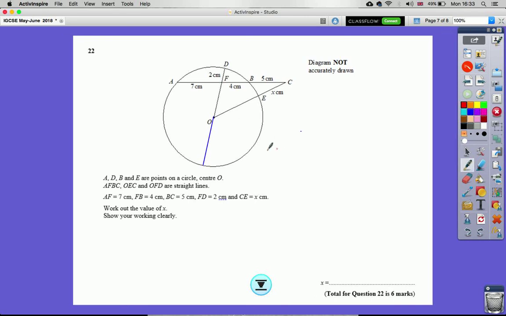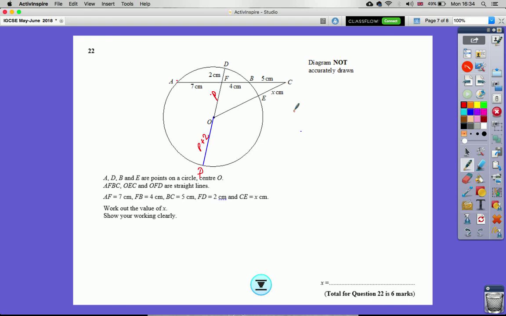So what I'm going to do now is work out between A, B, and let's call it DP. If I take these two lines, AB and DP, and use the formula for intersecting chords theorem, let's call this part small p, and this is p plus 2.